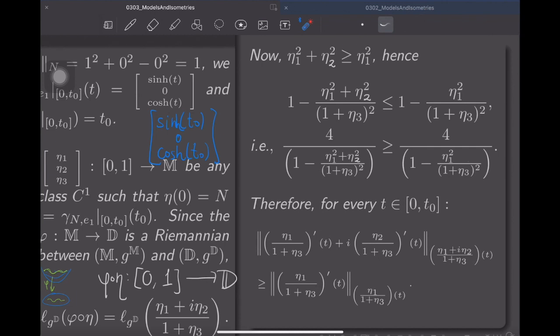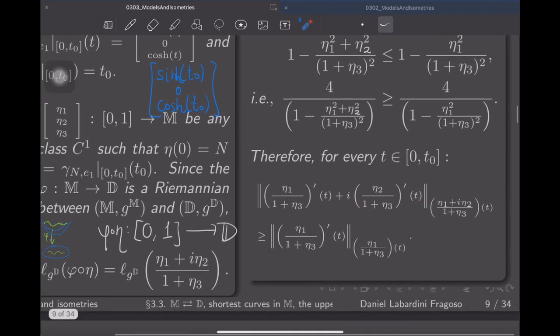And you see, when I take this one, the 2 is the factor I have to multiply with the square root of this square plus this square. But that's greater or equal than the square root of only one entry square times this, which is also less or equal than that.